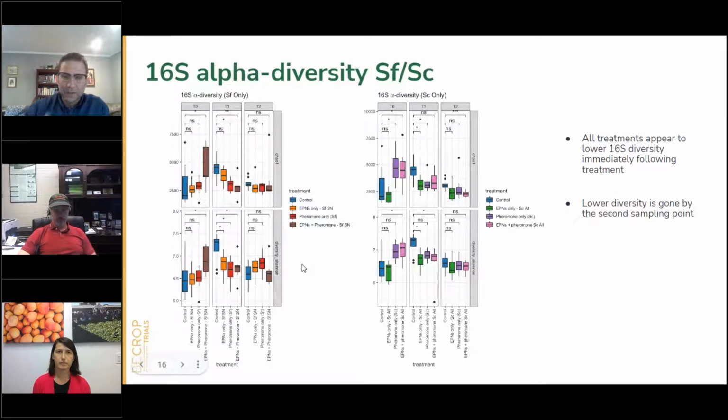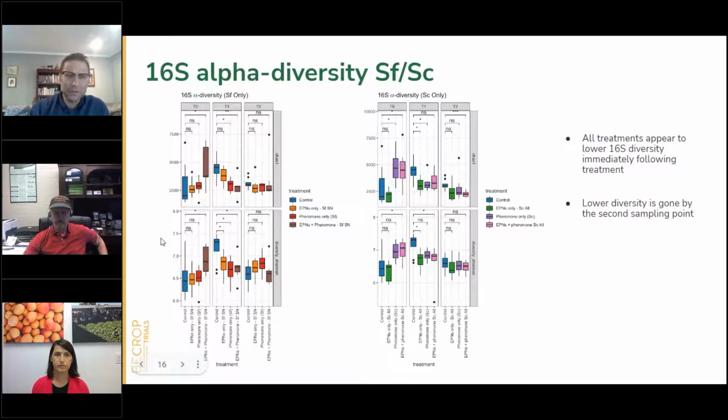And then, as Fatma said, we're looking at the nematodes alone, the pheromones alone, and then the combination of the two. The top figure is the richness, the number of species that we see, and the bottom is the distribution of those species, the evenness. So is there just one dominant species, or is it a nice distribution of different species?